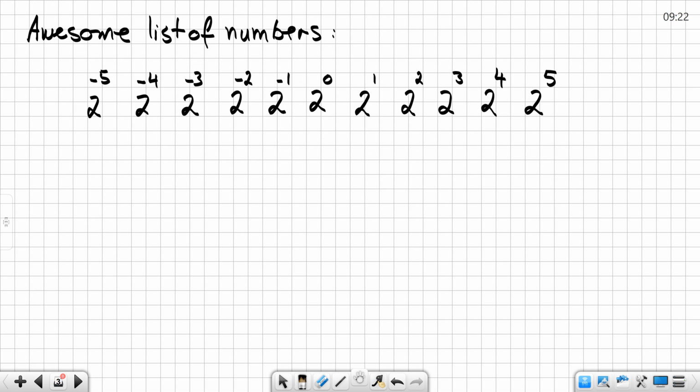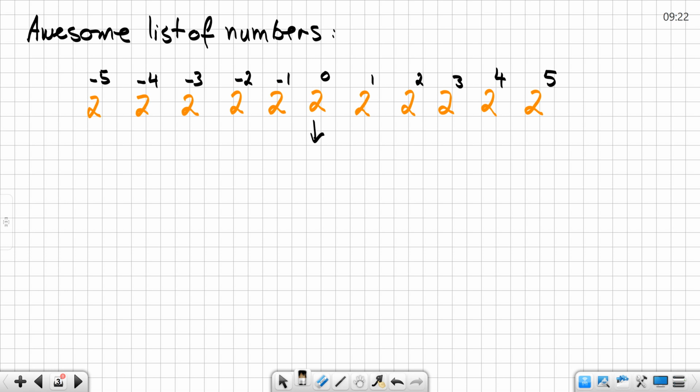Let's have a look. So 2 is in all of these instances the base. And up here I have my exponents. We have seen what 2 raised to the 0, 2 raised to the 1, 2 raised to the 2nd, 2 to the 3rd, to the 4th, and to the 5th means. Let's write down those numbers first.